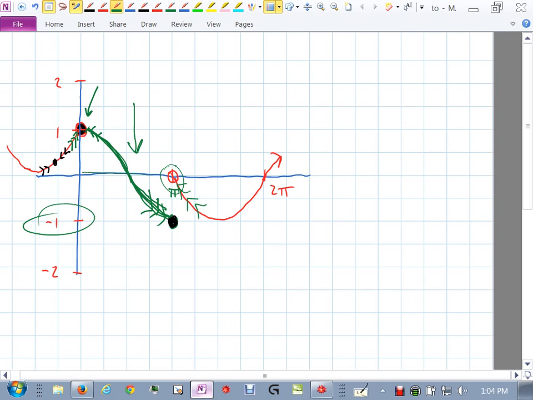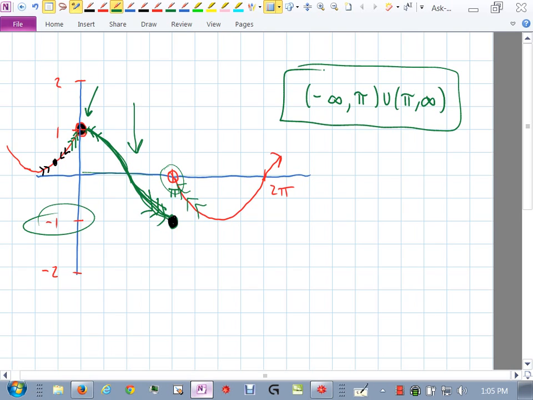Now to the right, what about to the right of that? It looks good everywhere? So it says find the values of a for which the limit does exist. So doesn't it exist everywhere except pi? So you would say something like negative infinity to pi union pi to infinity. This would be the a values that the limit would exist there.